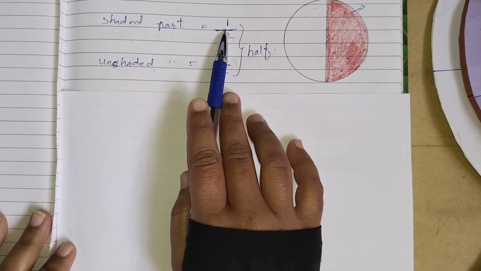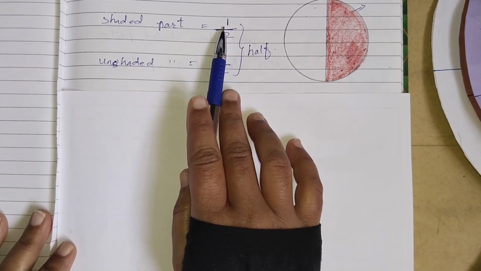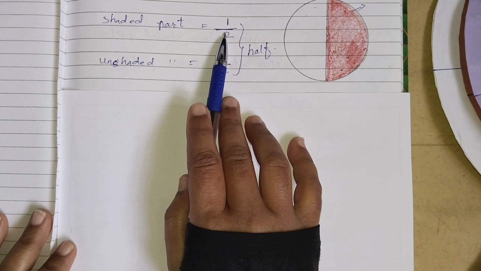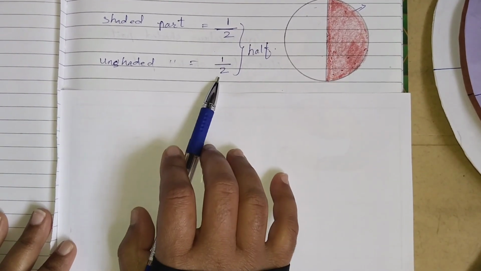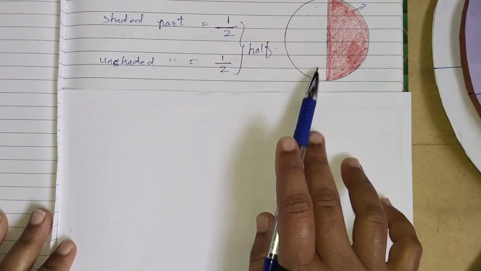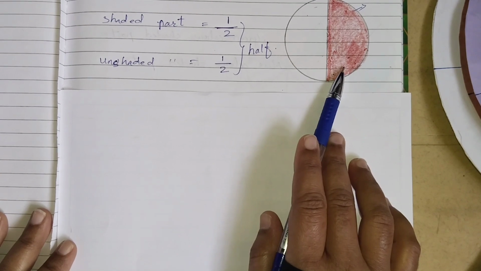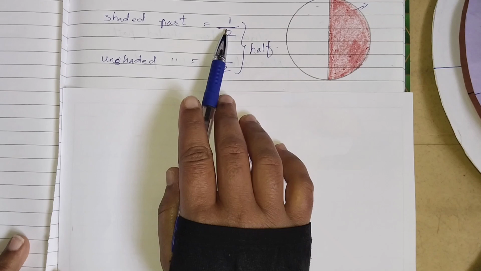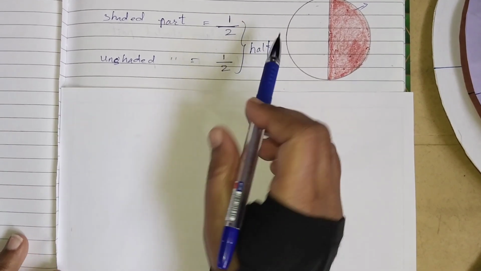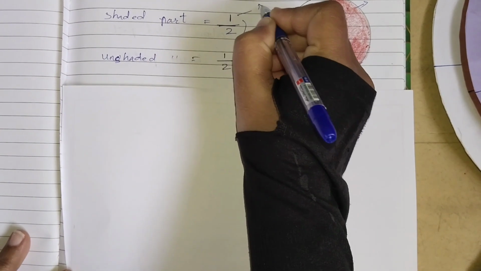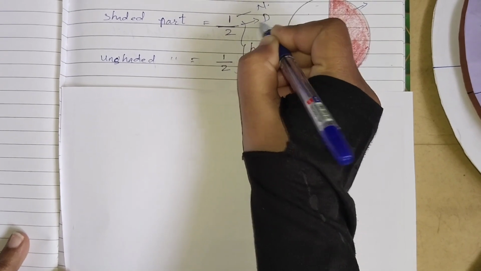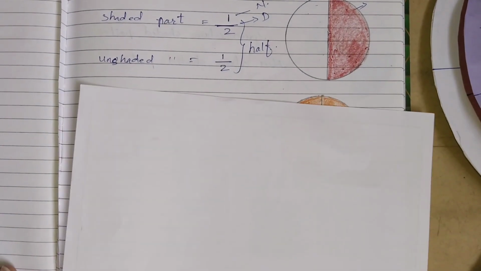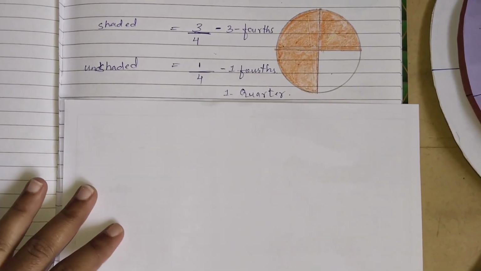Out of 2, how much is shaded? 1 is shaded, so 1 by 2, and the unshaded is also 1 by 2, because there are only 2 parts, one shaded and another unshaded. Can you tell me the denominator and the numerator in this? Yes, very good. This will be the numerator and this will be the denominator. Correct.